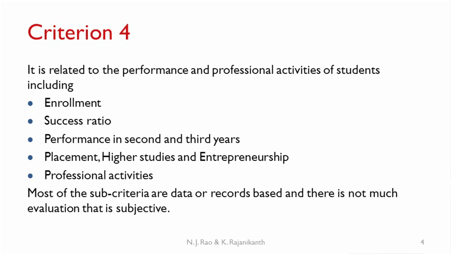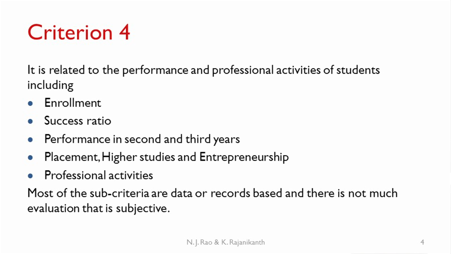Now, criterion 4 is related to the performance and professional activities of students, including enrollment, success ratio, performance in second and third years, placement, higher studies and entrepreneurship, and professional activities.